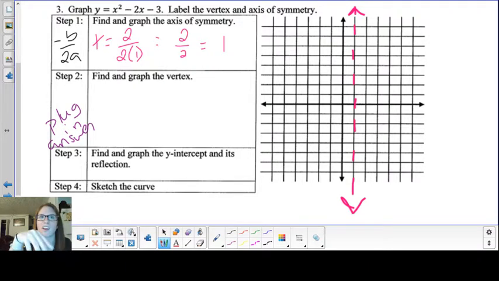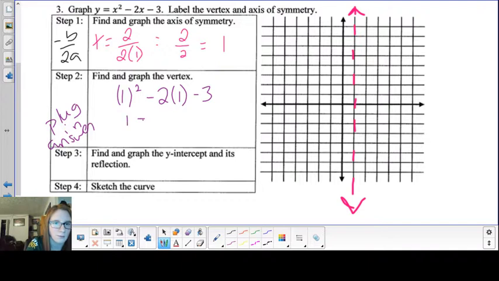Just go with that. So I have 1 squared minus 2 times 1 minus 3. So I have 1 minus 2 minus 3. 1 minus 2 is negative 1. Minus 3 more is negative 4. So my vertex is 1, negative 4.